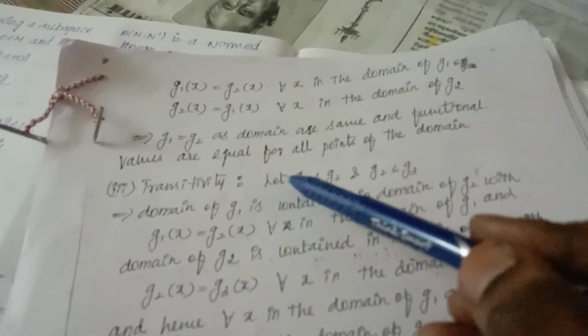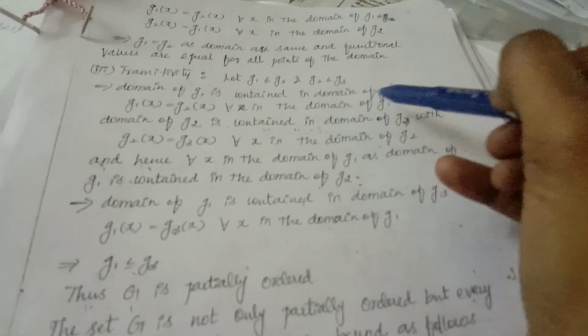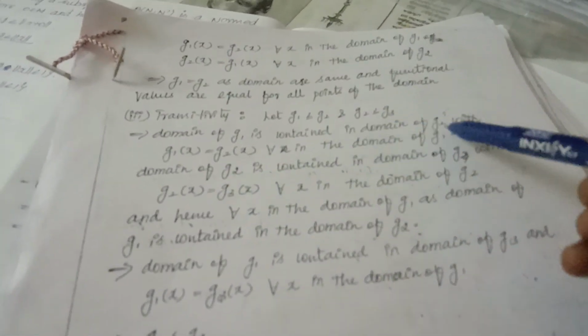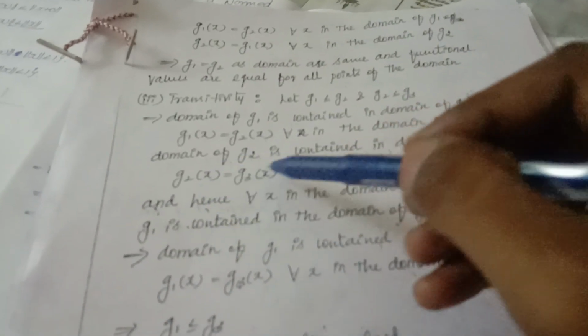For transitivity, let g1 be less than or equal to g2 and g2 be less than or equal to g3. So the domain of g1 is contained in the domain of g2, with g1 of x equal to g2 of x for all x in the domain of g1, and the domain of g2 is contained in the domain of g3, with g2 of x equal to g3 of x for all x in the domain of g2.